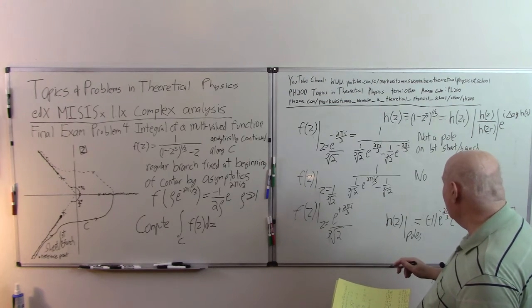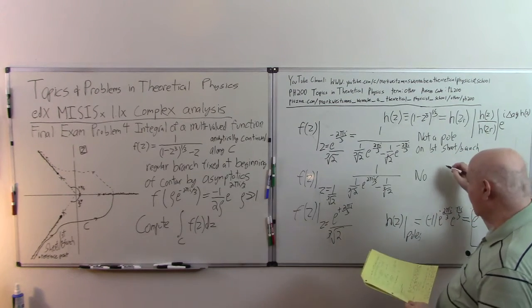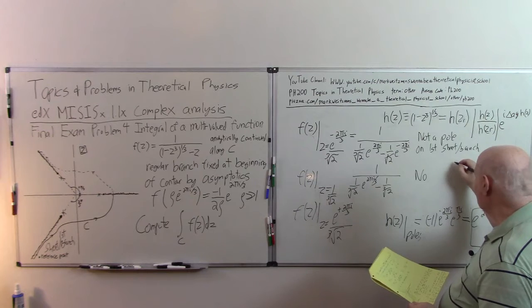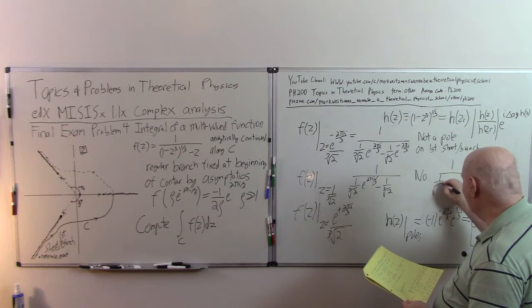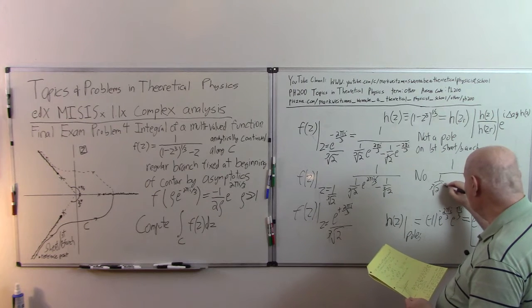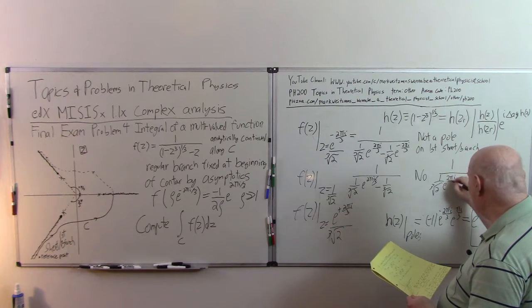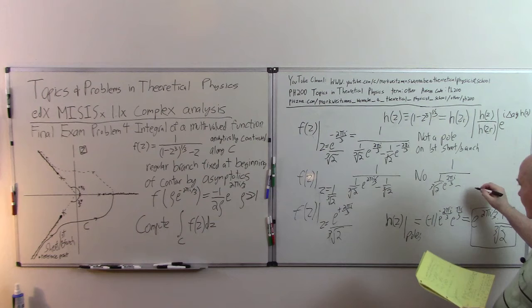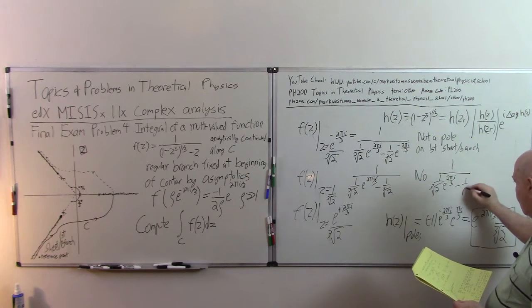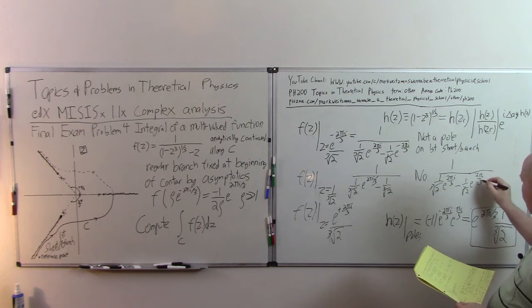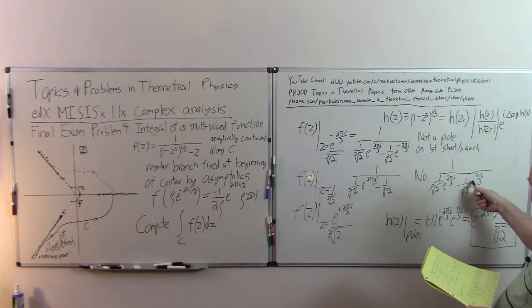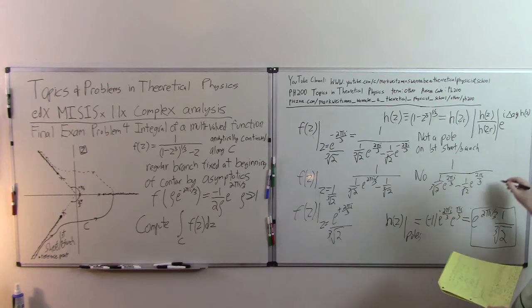Now here, I'm going to get 1 divided by 1 over the cube root of 2, e to the 2 pi i over 3, minus 1 over the cube root of 2, e to the 2 pi i over 3. Because that's the value, this is what z is at the pole. This is a pole.